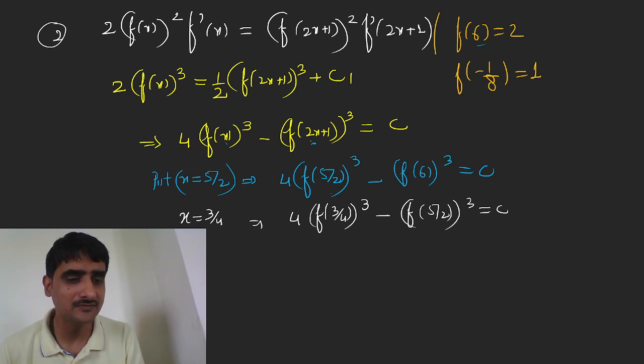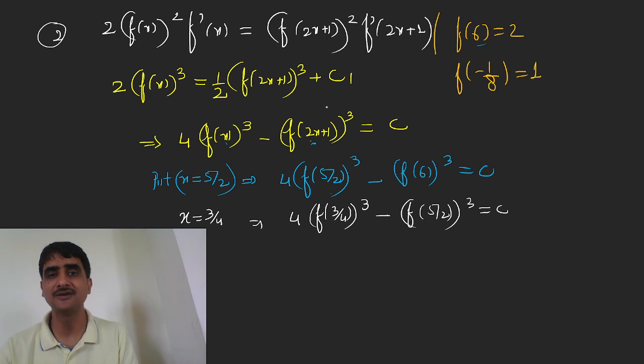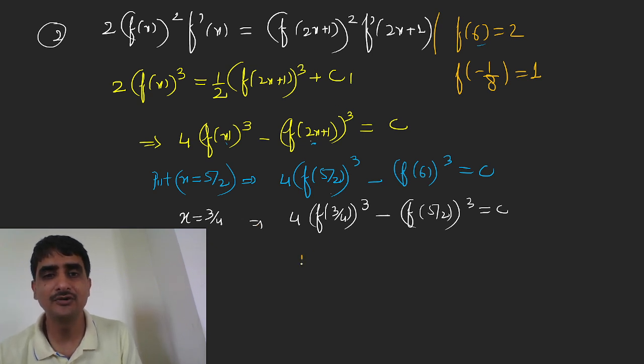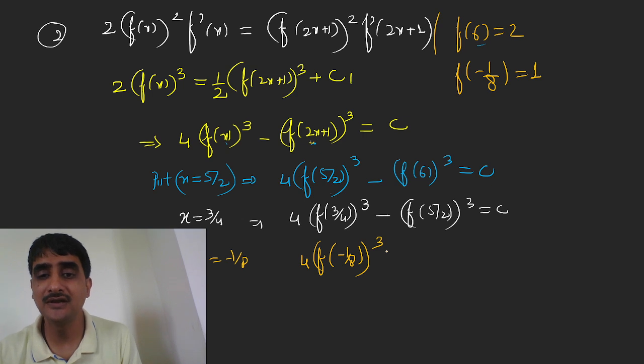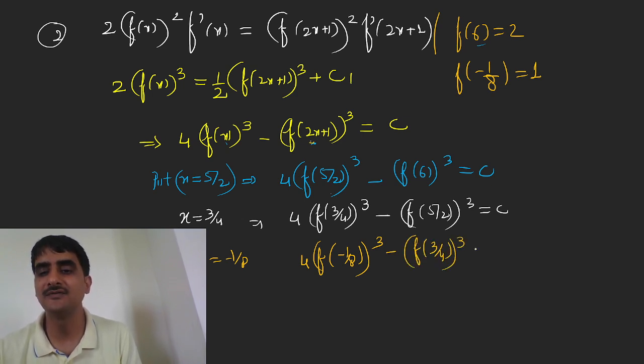Now let's substitute x by minus 1 by 8. So it's 4 times f of minus 1 by 8 whole cube, minus f of 3 by 4, and that makes everything clear.